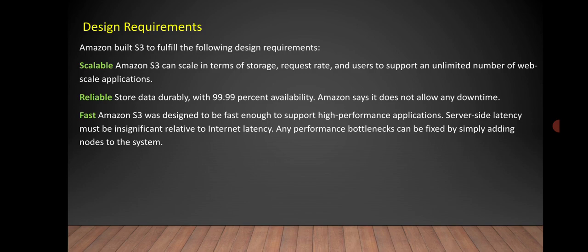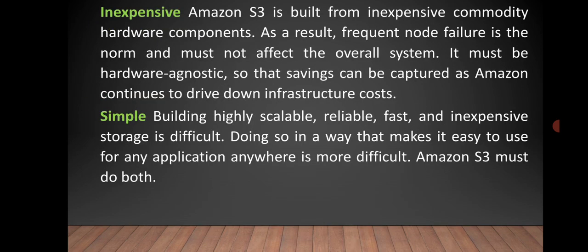The server-side latency must be insignificant relative to internet latency. Any performance bottlenecks can be fixed by simply adding nodes to the system. Inexpensive: Amazon S3 is built from inexpensive commodity hardware components. As a result, frequent node failure is the norm and must not affect the overall system.